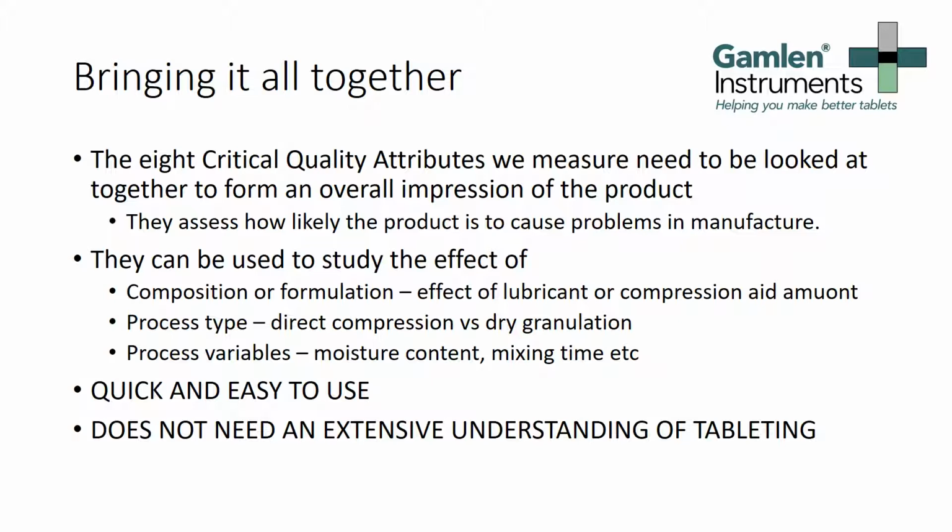They can also be used to study the effect of composition or formulation, for example, the effect of lubricant or compression aid amount, the effect of processing and process type, such as direct compression versus dry granulation, and they can also be used to study the effect of process variables on tablet quality, such as moisture content and lubricant mixing time. The Gamlen Dashboard is quick and easy to use and does not need an extensive understanding of tableting to generate valuable results.